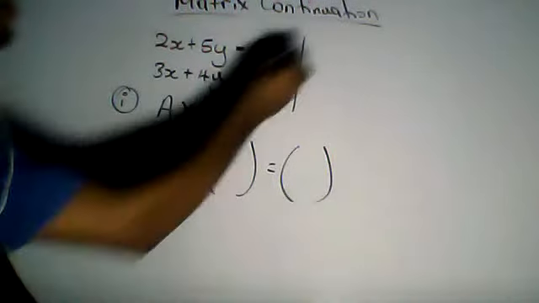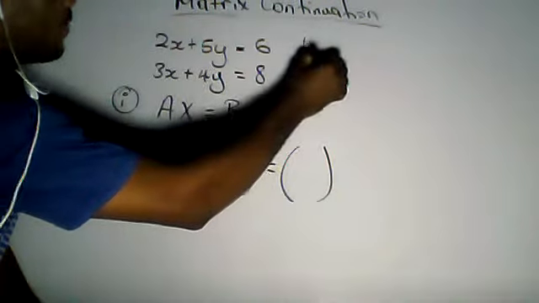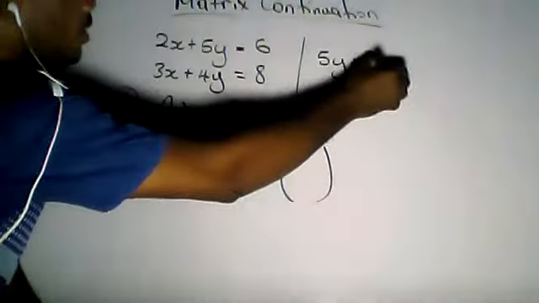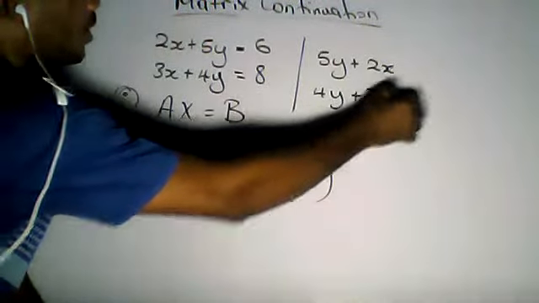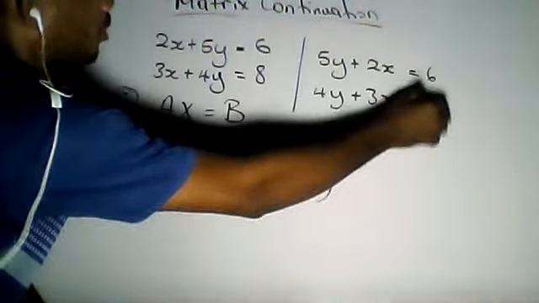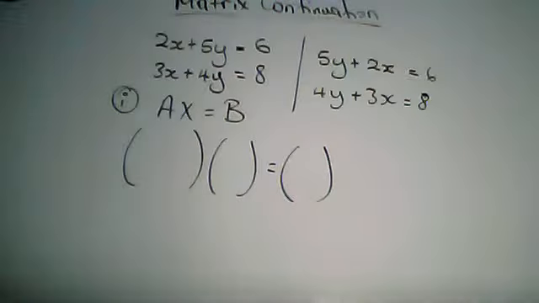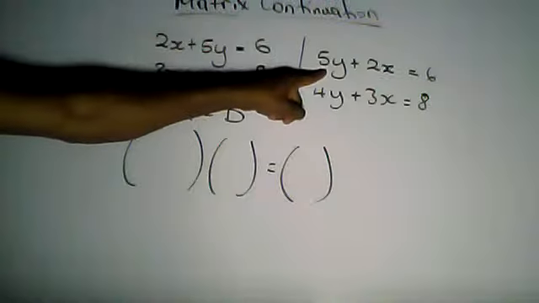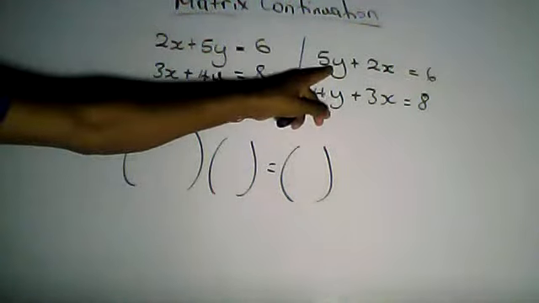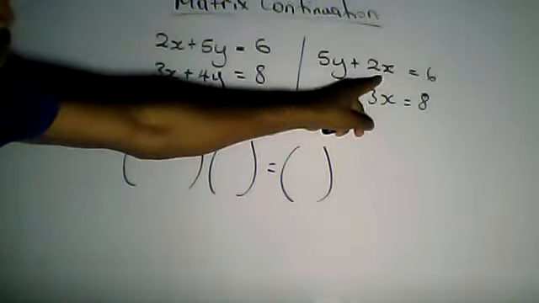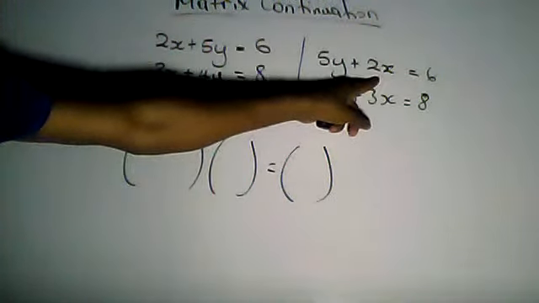But what if they had it like this? 5y plus 2x, 4y plus 3x, and this is equal to 6, and this is equal to 8. You have to be careful of that. The y comes first, so you wouldn't just write it down as you see it. You have to make sure that the x is coming first. Everybody get that?